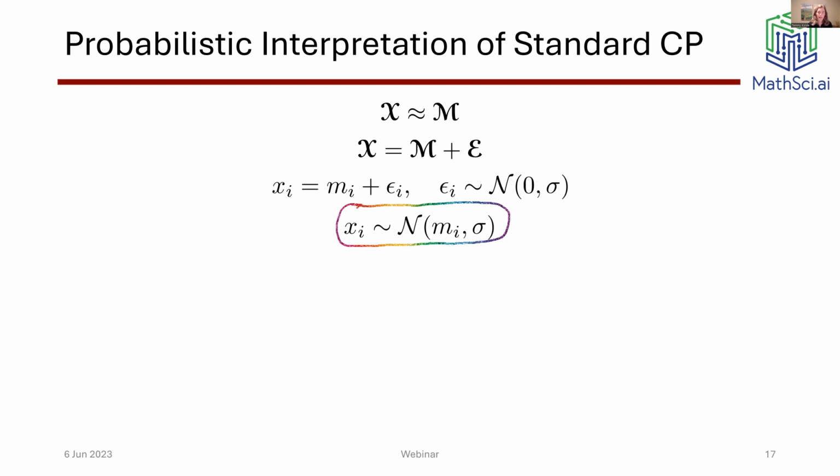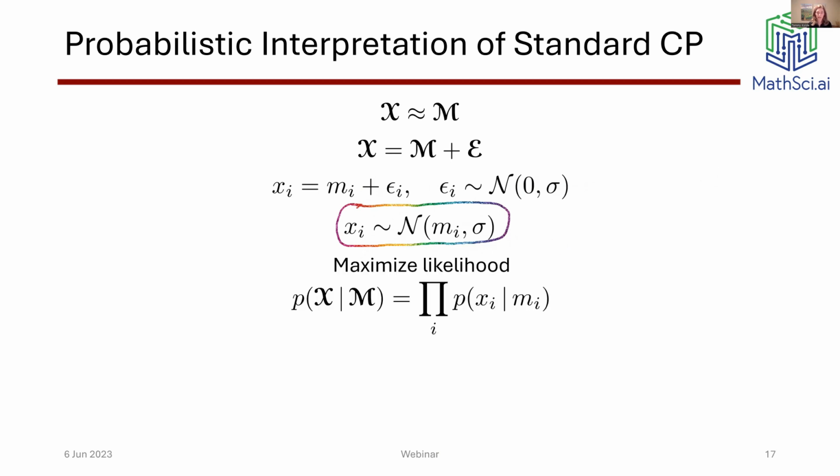And so we can maximize the likelihood of X given model M. What this means is we're trying to maximize the product of all the probability distribution function evaluated at xi with parameter mi representing the mean mu of the normal distribution.